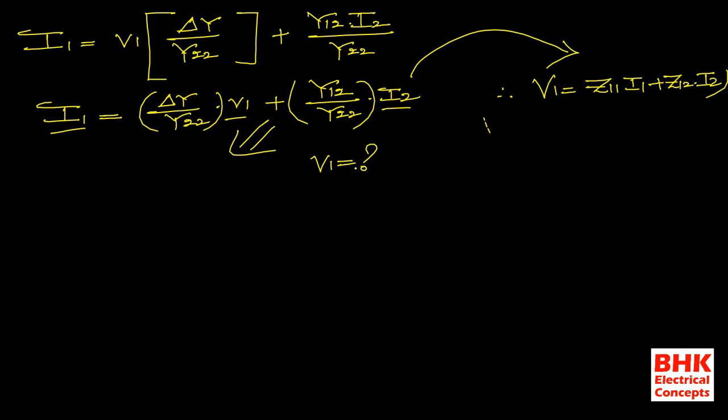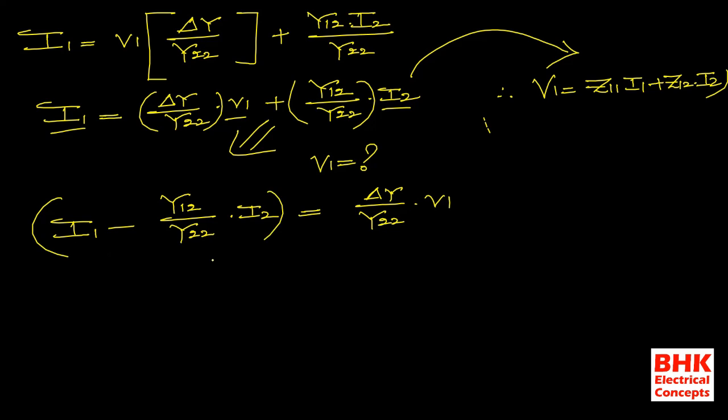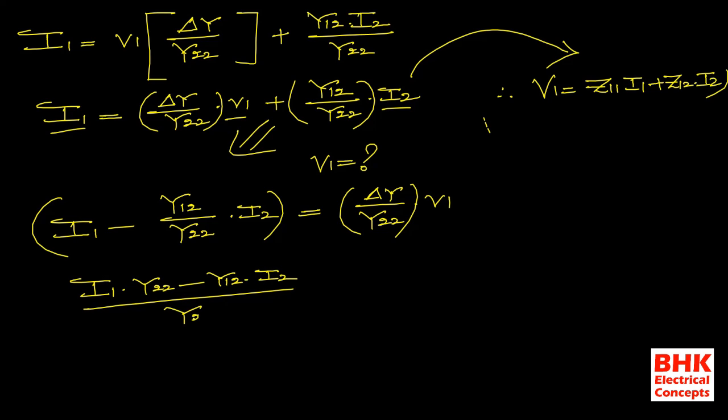For that, shifting the second term to the left side, we get I1 minus y12 divided by y22 into I2 is equal to delta y divided by y22 into v1. Simplifying this, you will get (I1 into y22 minus y12 into I2) divided by y22 is equal to delta y divided by y22 into v1.